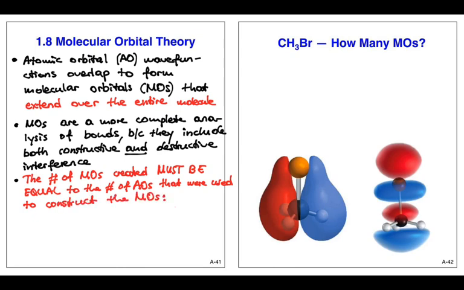Let's look at this simple example of how we create molecular orbitals. Generally what we do is draw a so-called molecular orbital diagram. We have an energy scale, and in this example we're going to look at how H2 forms.